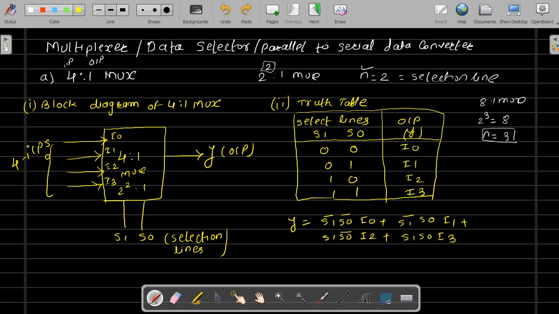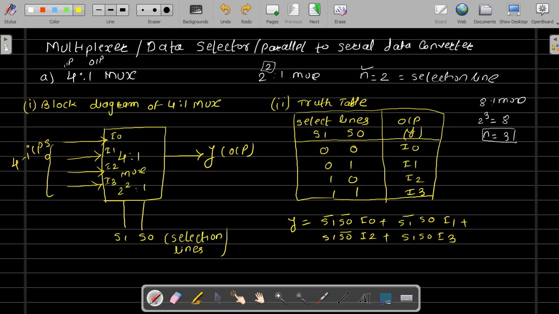So S1 bar S0 bar into I0, plus S1 bar S0 into I1, plus S1 S0 bar I2, plus S1 S0 I3. This is how I got my output equation for this 4:1 mux. In the same way you can go for your 2:1 mux and 8:1 mux.